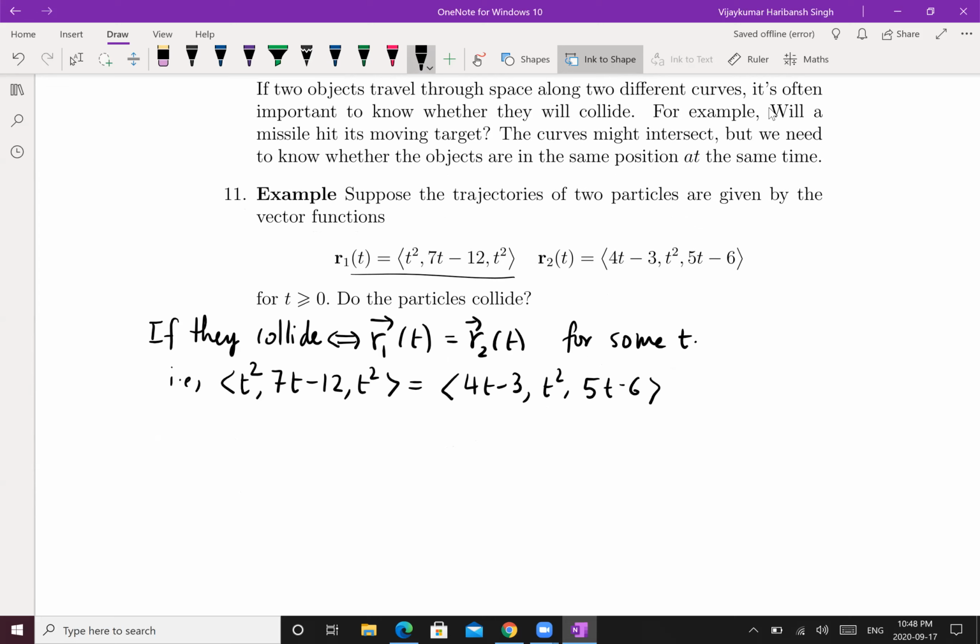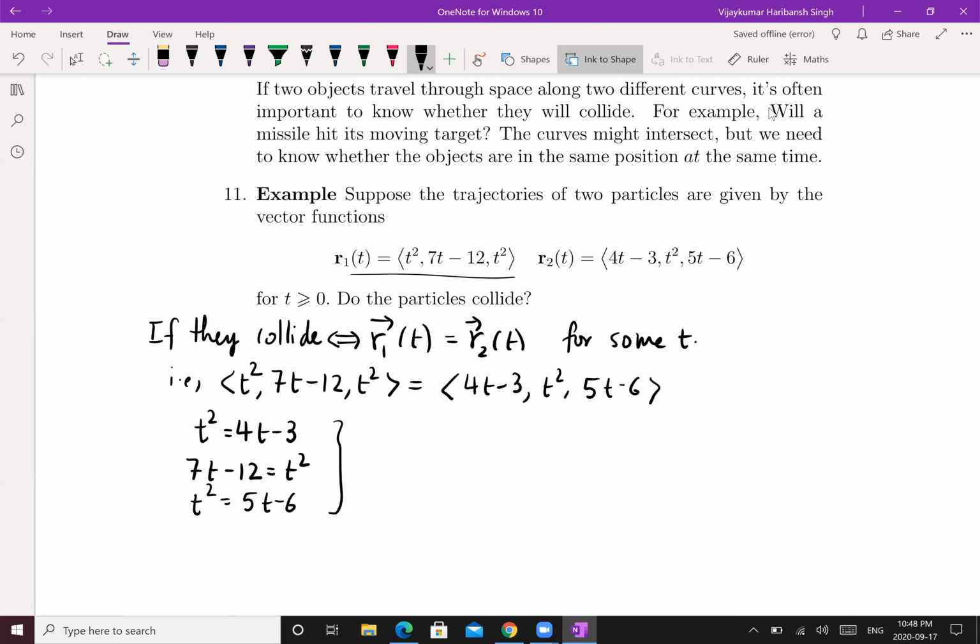So we have t square equals 4t minus 3, we have 7t minus 12 equals t square, and we have t square equals 5t minus 6.